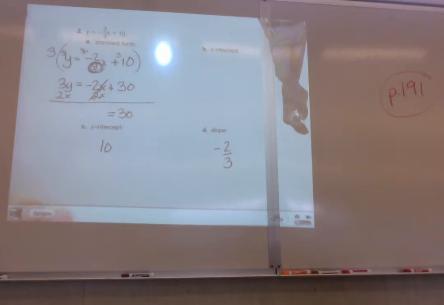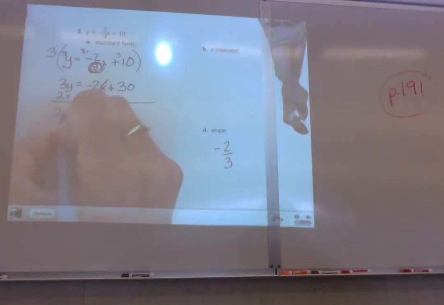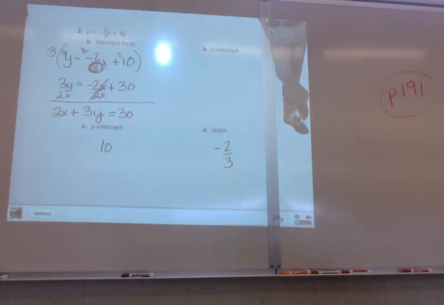X, y. So in standard form, they tend to be in alphabetical order. X is first, y is second. So I'm going to write 2x plus 3y, and that's standard form. That's the answer. It's the same exact line, but it's looking at things rearranged differently.